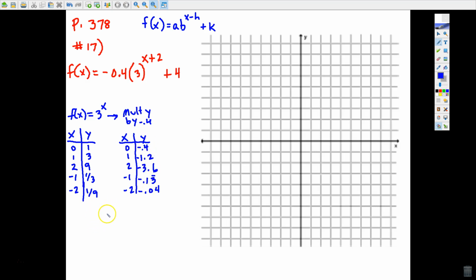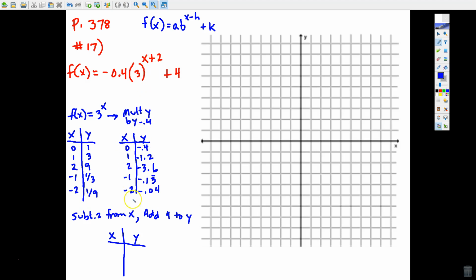And so this final table will be the one that I graph from. So I'm going to label it as subtract 2 from x, that's going to be the left 2, and add 4 to y, that's going to be the plus 4. And this will create the table that will get us to our answer.